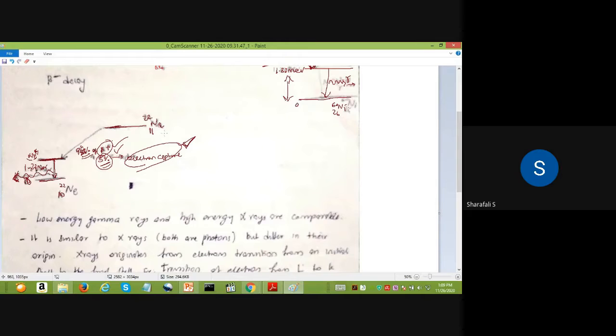So both are possible in this decay from sodium to neon. When it follows the beta plus decay, it ends up in the excited state of neon. Then it will come to the ground state of neon by emission of energy equivalent to the difference of these two states, and that will come out as gamma radiation. So these are the sources or origin of gamma radiations, how the gamma radiations are coming.